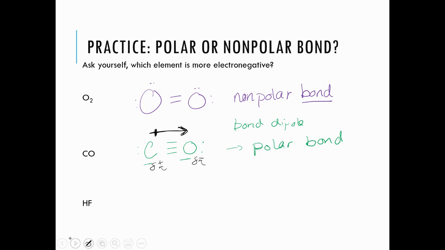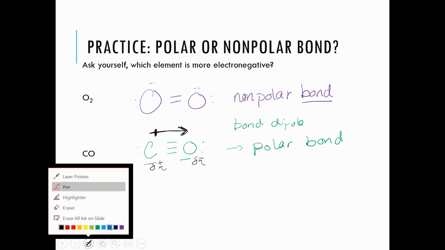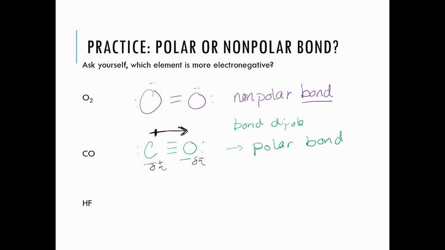Okay, you can try HF on your own. Go ahead and pause the video, and then I'll go ahead and show you how that's going to work. Since fluorine is the more electronegative of the two, right? They're different elements.